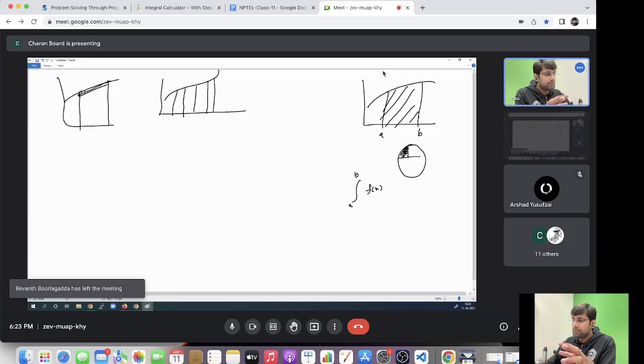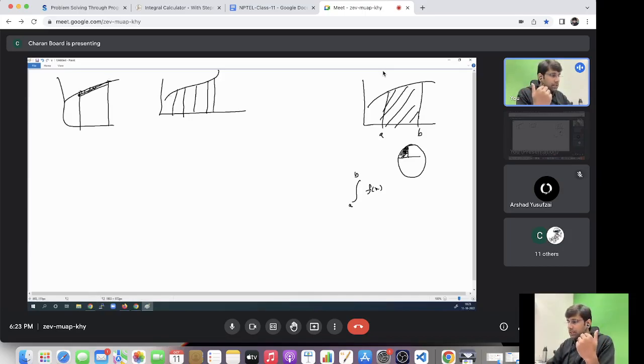What they got to know is, if you make it into n parts, you have a chance of reducing the error. That's why they divided a to b into n parts, and then calculated the area for each trapezoid, so that the error will be reduced. This is the high level idea of the trapezoidal rule.